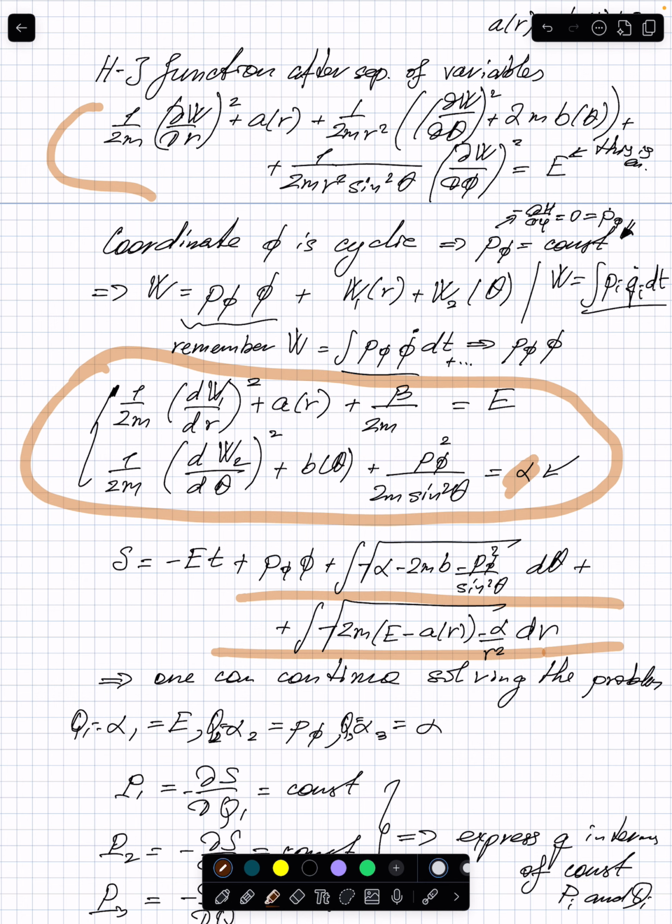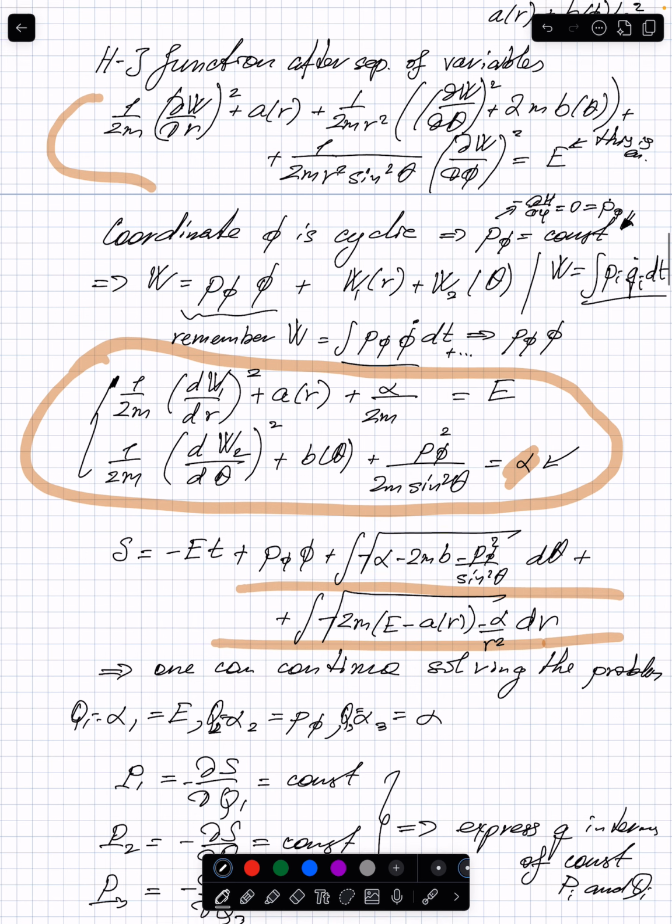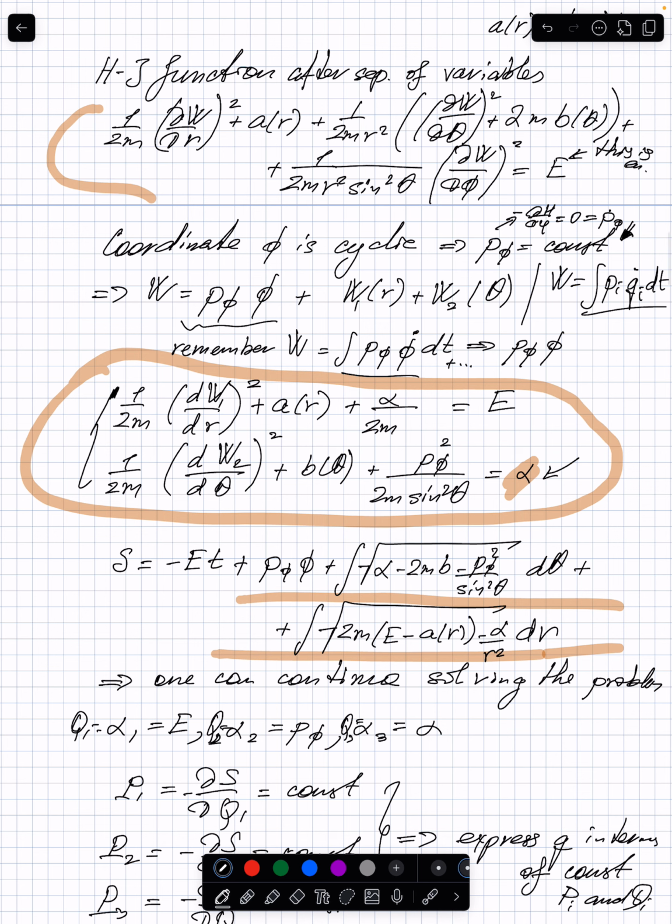Schematically, I wrote it over here. Okay, I got it. This is also alpha. I introduced beta in the beginning, but then I decided to switch it back. So I will use E and alpha in this way. Now everything should make sense.